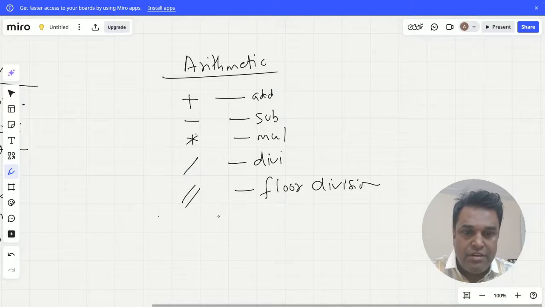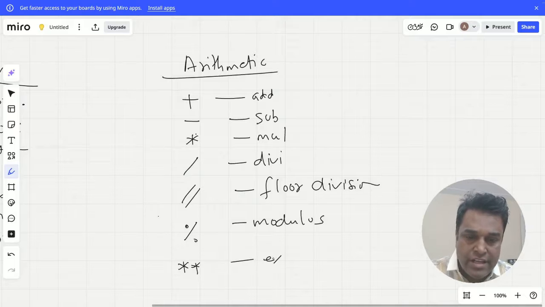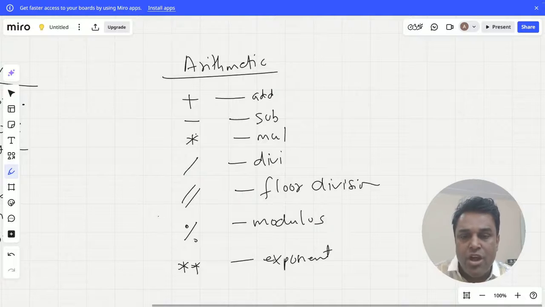Just write this completely, floor division, and we're going to understand that. And then we have the percentage sign, that is the modulus operator, or in short, mod operator. And then we have the 2 stars together, the asterisk sign, and that is the exponent operator. So these are the different arithmetic operators in Python.